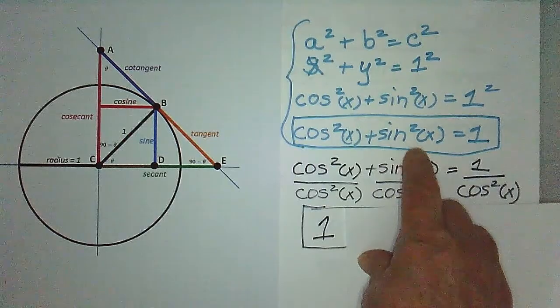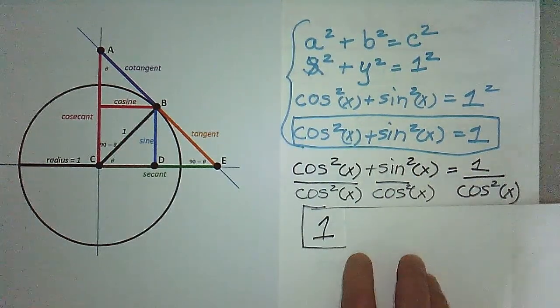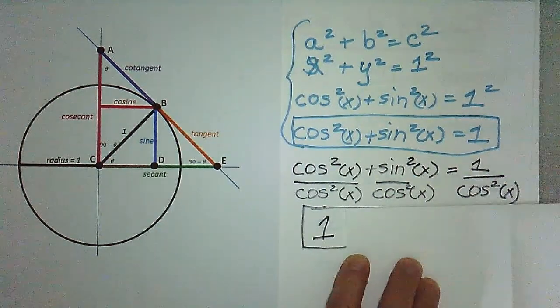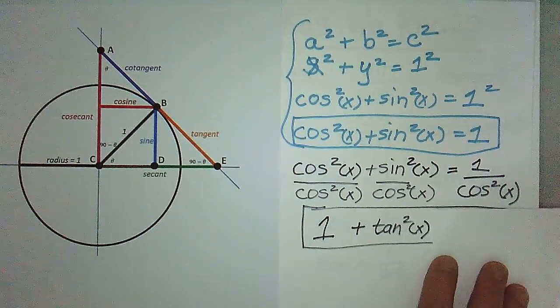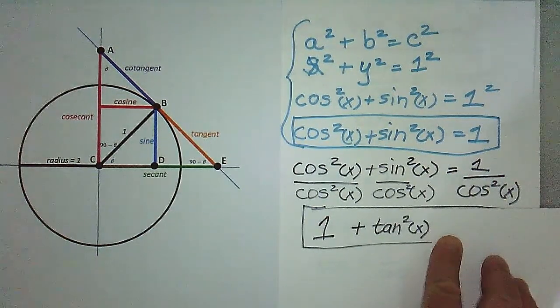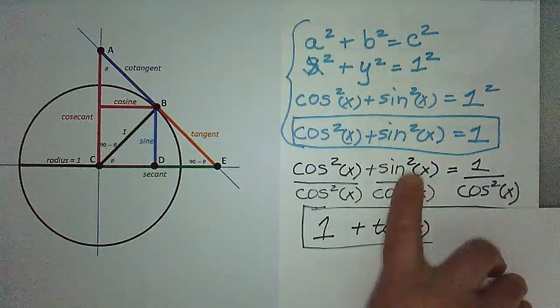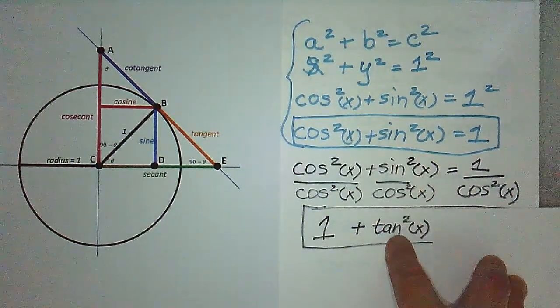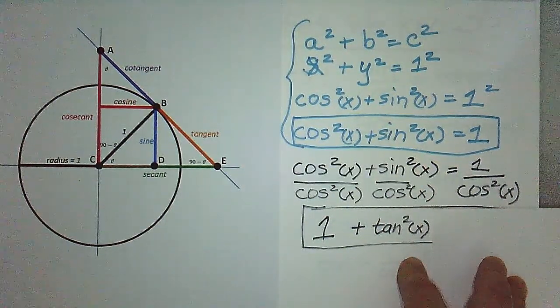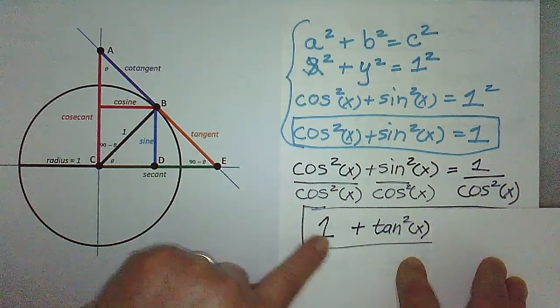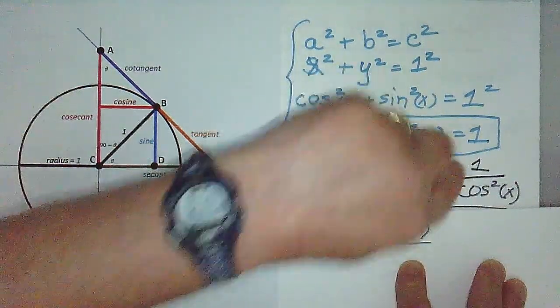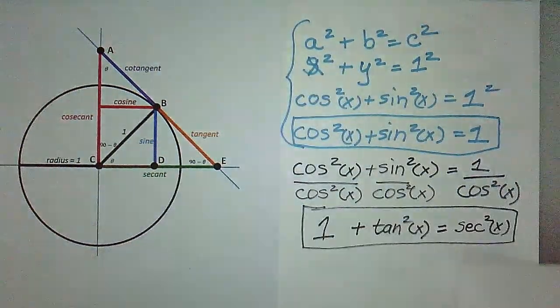What's sine squared divided by cosine squared? Well, sine over cosine, we just went over it again. It's tangent squared. If these two are squared, then this has to be squared. You learn about that in calculus also. So 1 plus tangent squared, what's 1 over cosine squared? It's secant squared.